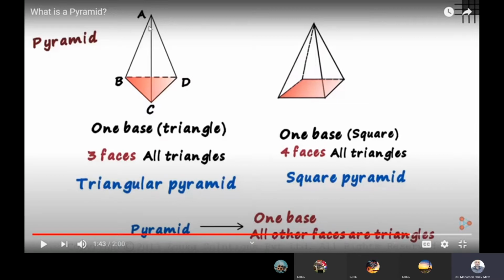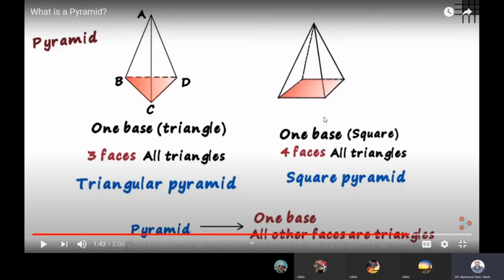And always, the faces will be triangles. Look to this face, a triangle here, and inside here, we have a triangle. Always the faces will be triangles in the pyramid, always. But we will change the base. Maybe it will be a triangle, maybe it will be a square.